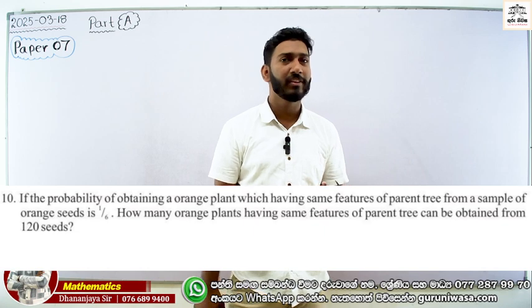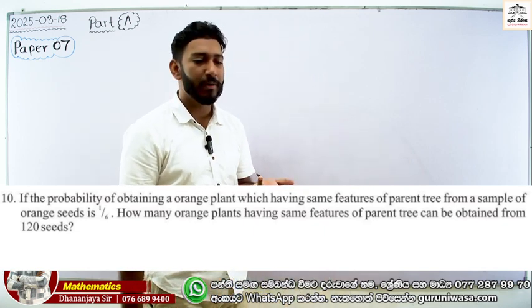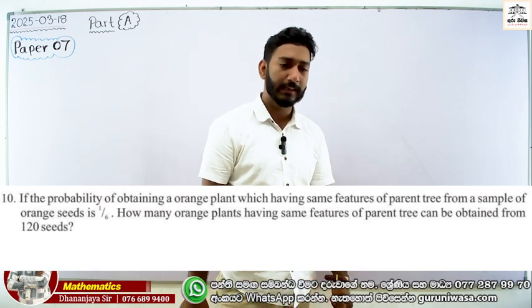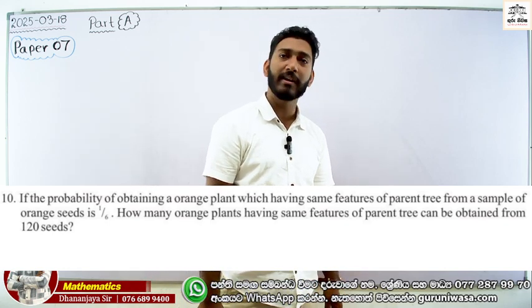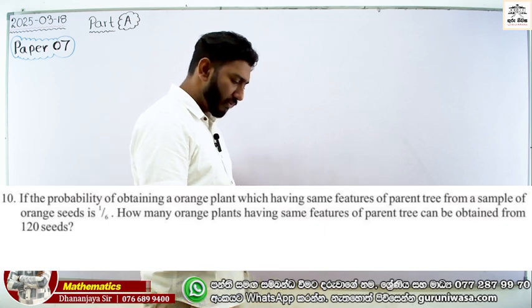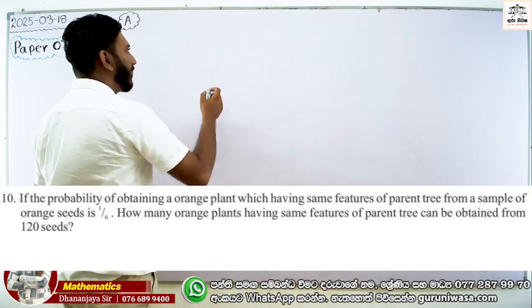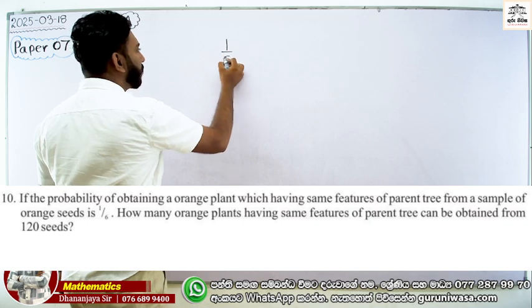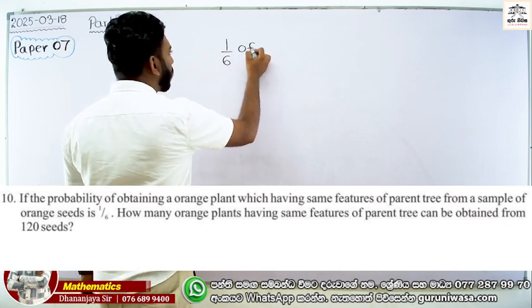This sounds very easy. Therefore, you need to find 1 over 6 of 120.